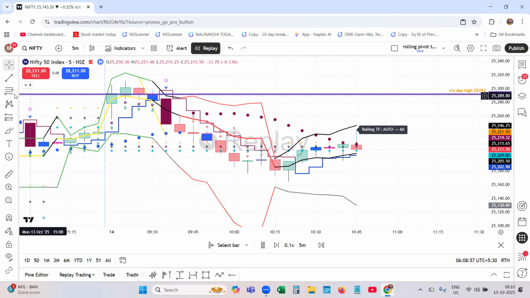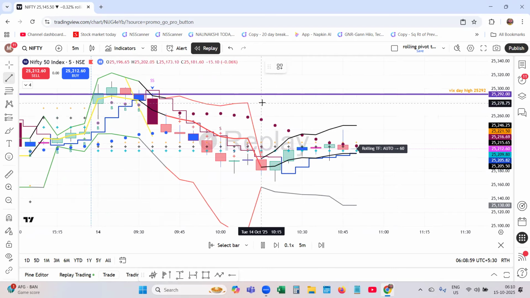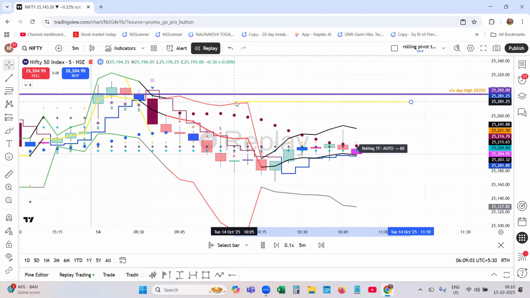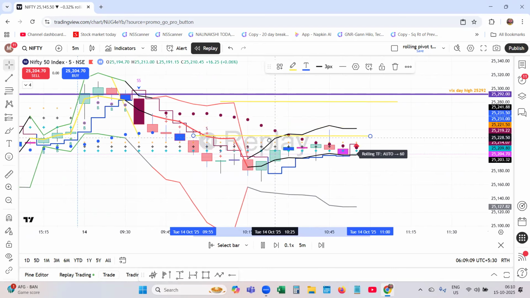If you mark the R1 line over here, and if you mark the pivot here, you can make out the trend has not been established.